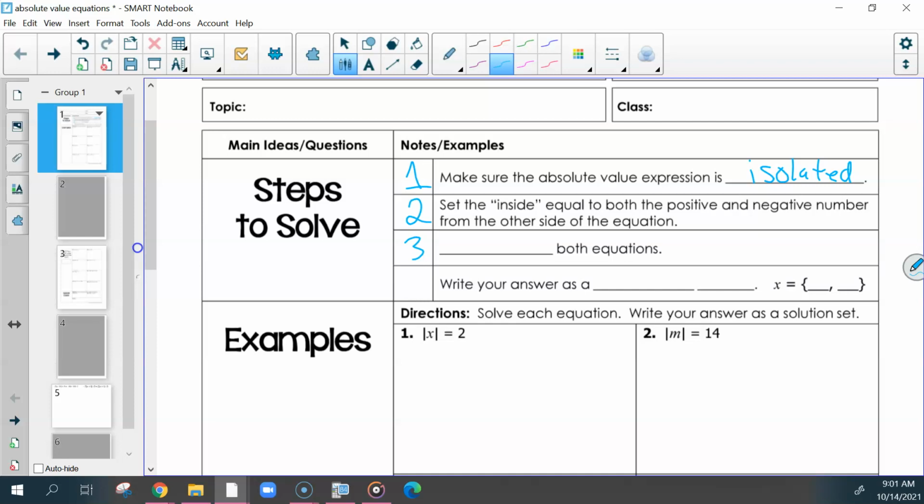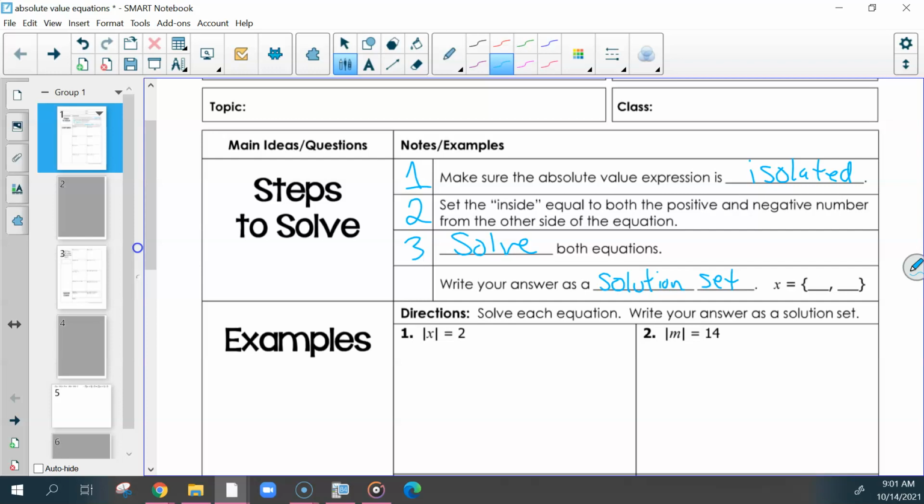Once we have it set equal to both, we're going to solve both equations. And then we're going to write our answer as a solution set. So this part should be familiar from when we were doing range.